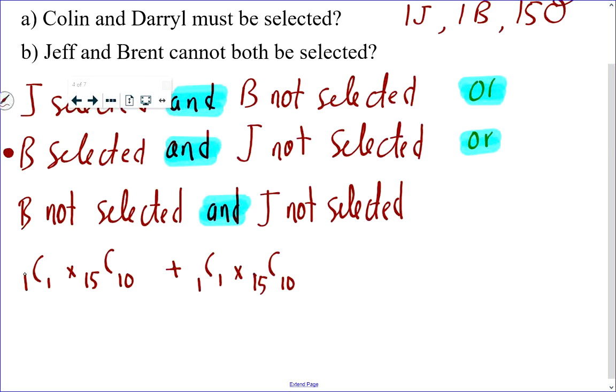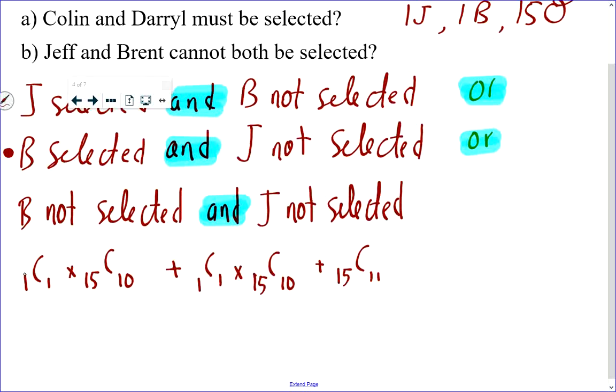And then we have another or. If Brent is not selected and Jeff is not selected, then the bottom line is we need to choose 11 players out of the group that does not contain Brent and it does not contain Jeff.